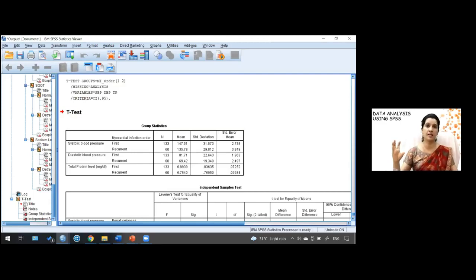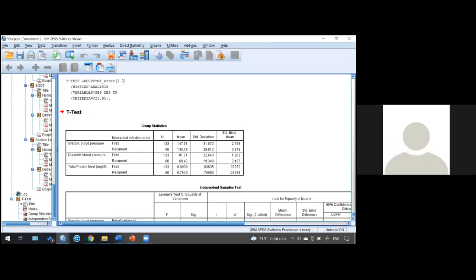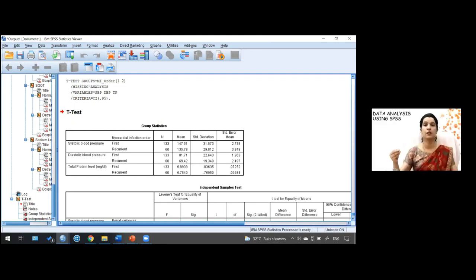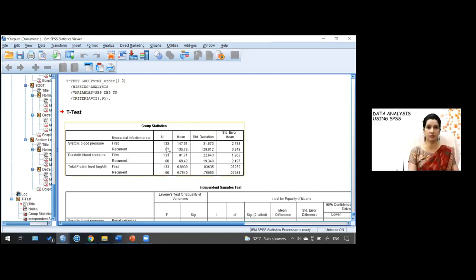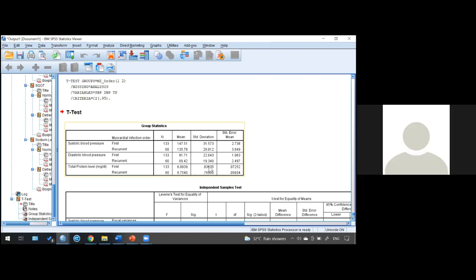But independent sample t-test is applicable in such a case, and there's no problem even if there is a huge difference in the group sizes, right? So don't worry about these group sizes, but you have to report this. You have to write this in a table. Again, you can see the mean value, first and recurrent order MI, with the standard deviation of all these three.